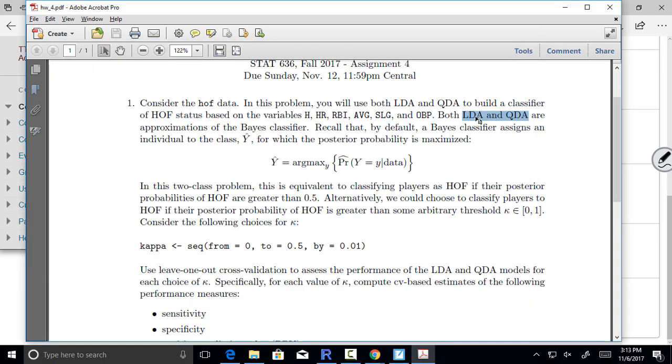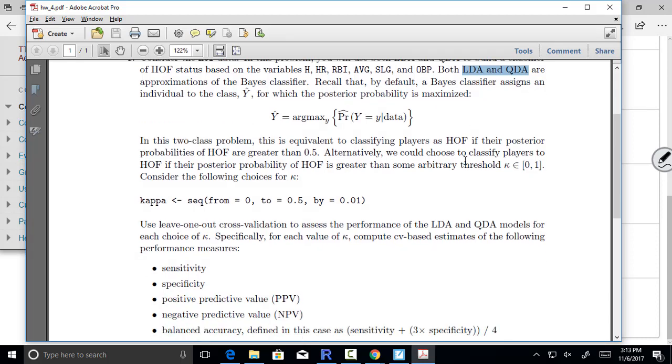So I want you to apply LDA and QDA in a two-class problem. By that I just mean there's only two possible class values. You're either, in this case, in the Hall of Fame or you're not.